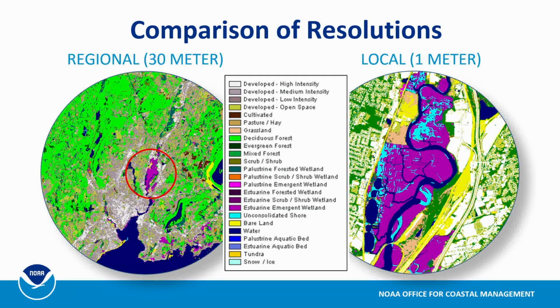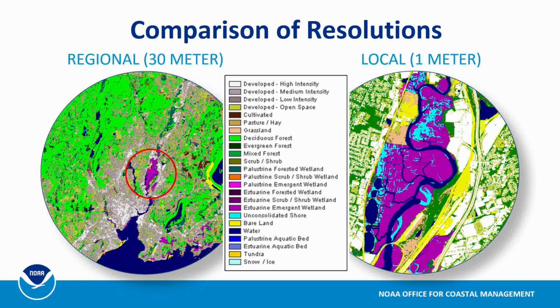So, a comparison of resolution. If we look here, this subset is that piece you see over there. Before, with this data and all these classifications, you could really only do a regional analysis, and that was about as good as it gets. With the local 1 meter, you can really get into that fine scale and do an analysis on a watershed or a sub-watershed or HUC codes or something.